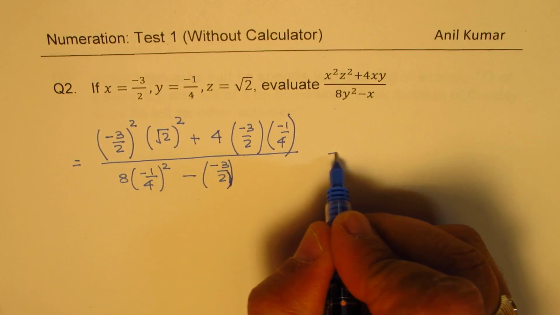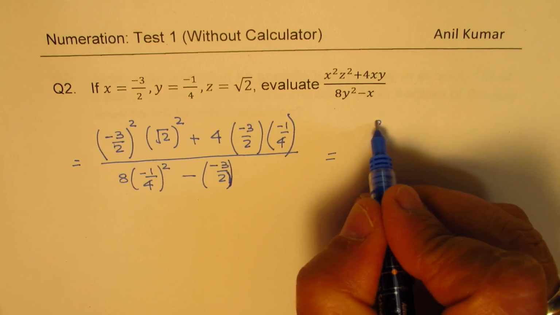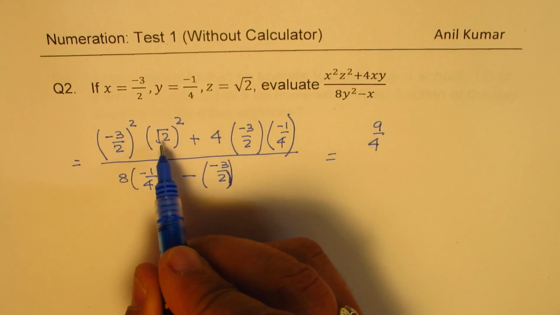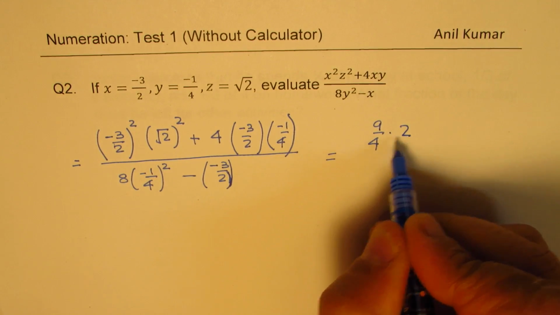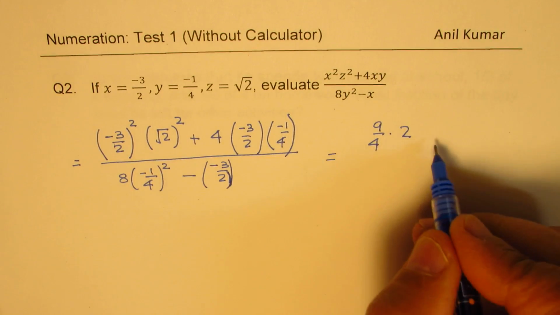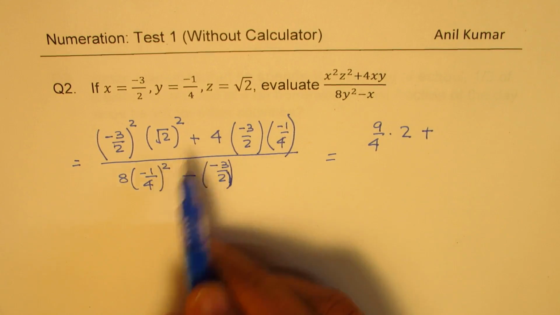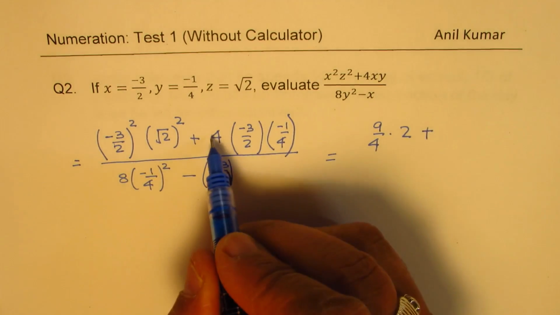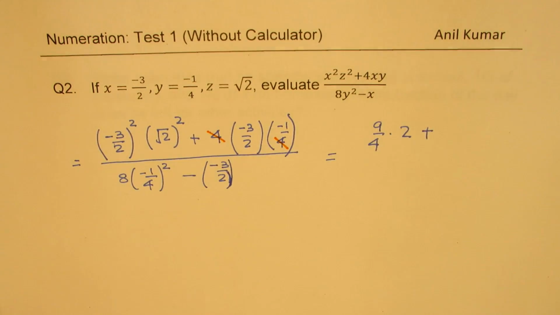Now, when you square this, you get positive number 9 over 4, right? So we get 9 over 4. Square root square will be 2, so that gets multiplied by 2. So this dot is a multiplication sign, plus 2 negatives when multiplied give you positive, right? You could actually cancel this 4 and this 4 to simplify it.